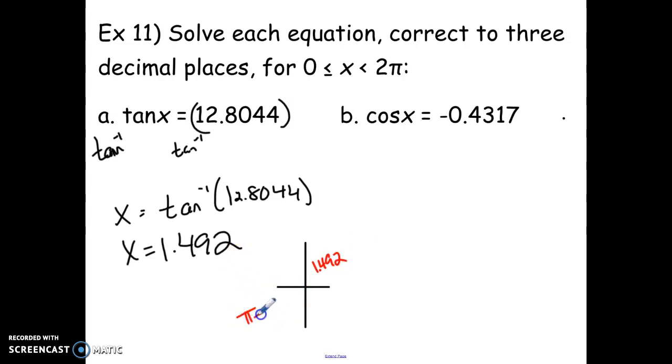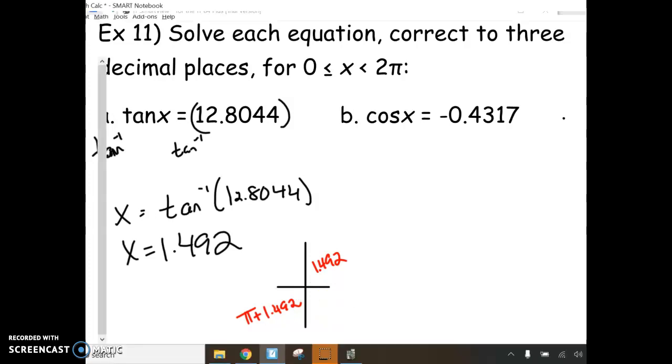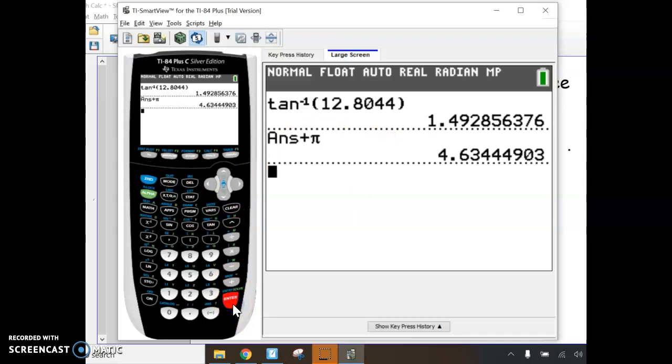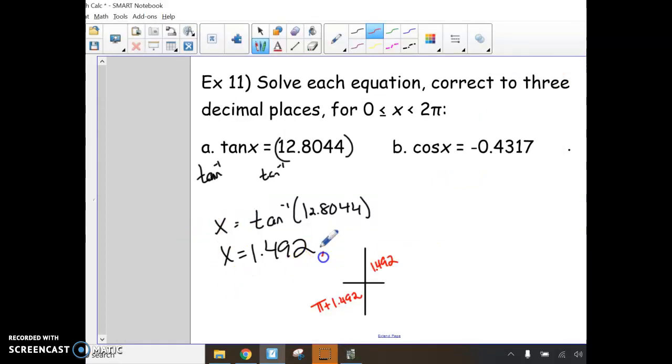So in our calculator, we need to do pi plus 1.492. I'm going to type in pi, because it'll just take my answer, hit second pi, we're adding pi, and hit enter. We get 4.634. And those are the 2 answers.